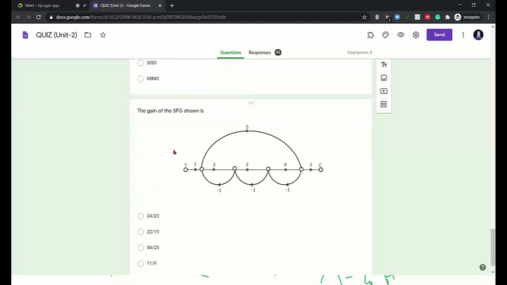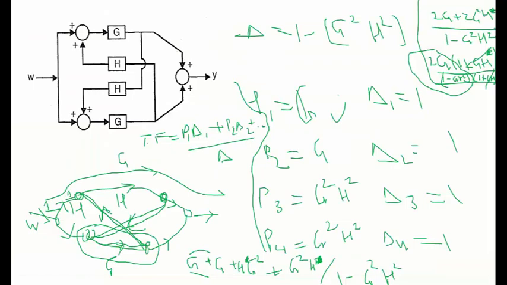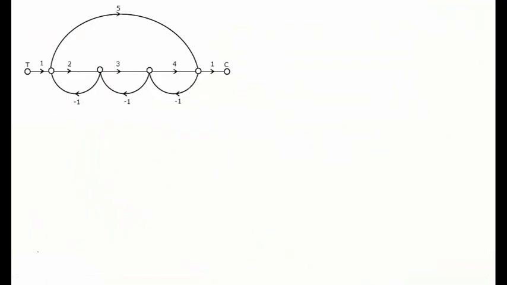The gain of the SFG is shown as, so we are talking about the transfer function of the system, which can be evaluated using Mason's gain formula. If you look into this figure, you see that there are in total 1, 2, 3, 4 loops.